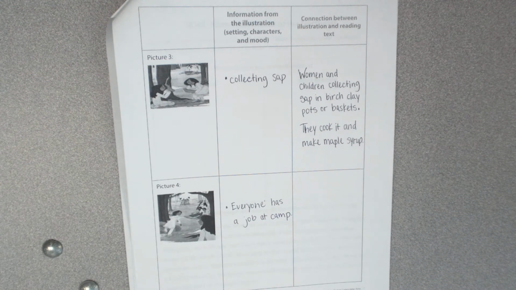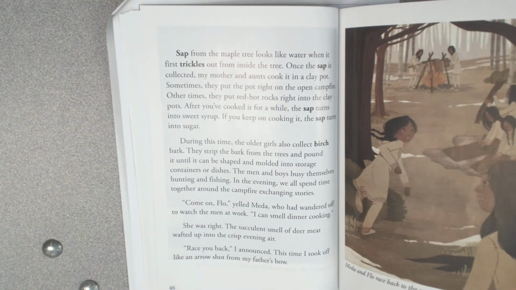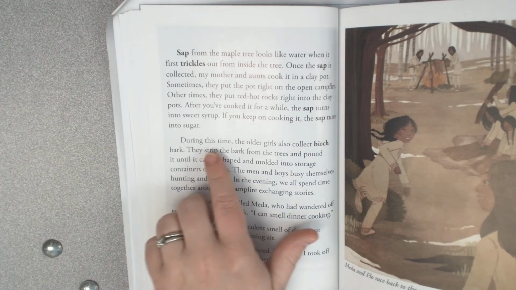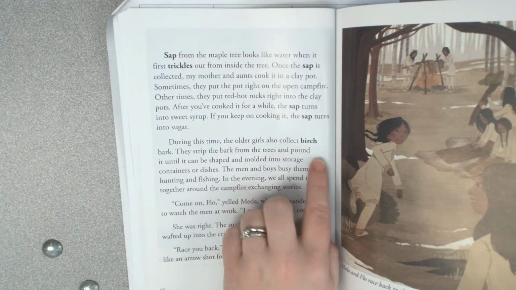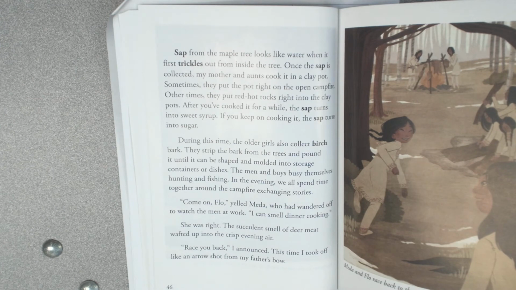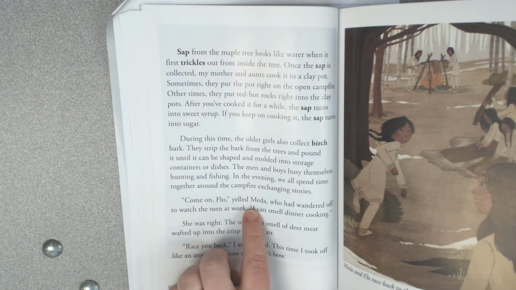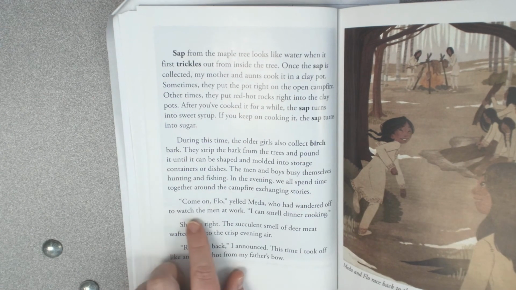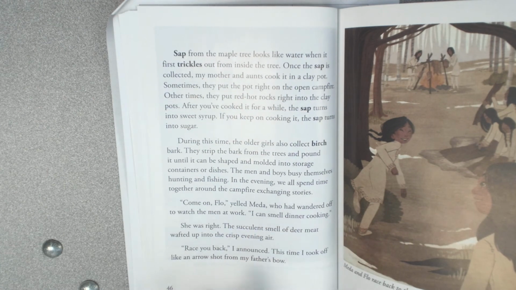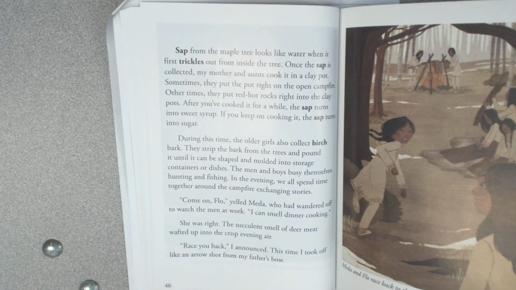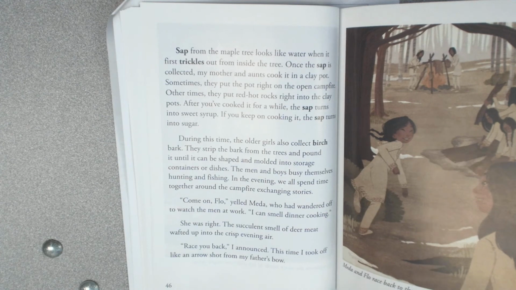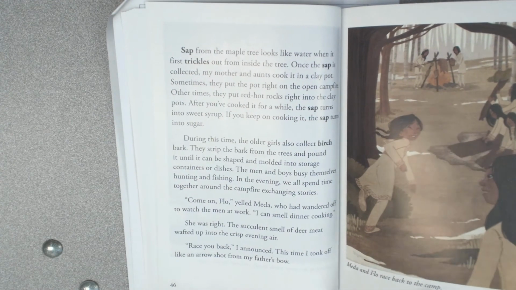And in fact, that is talking about how everybody has a job and that they are racing back to camp. During this time, the older girls also collect birch. And so, come on, Flo, yelled Meta, who was wandering off to watch the men work. I can smell dinner cooking. So she was right. They were racing back. It was time for them to go back.